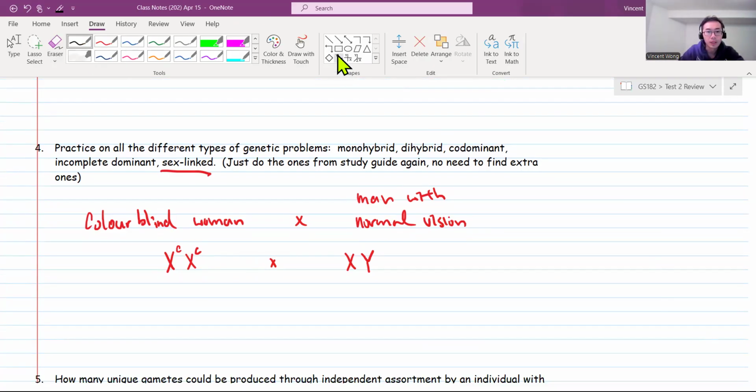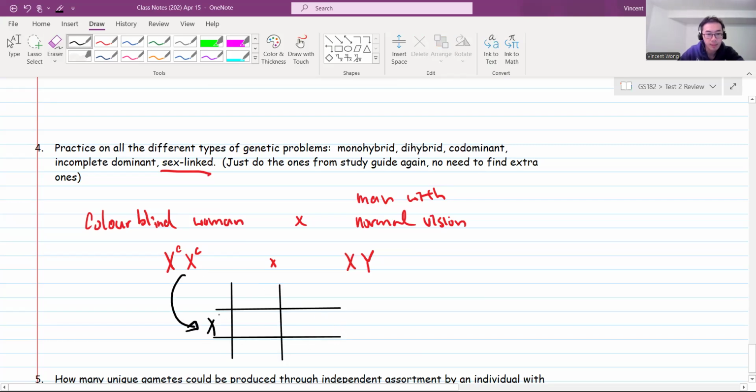So then we do the Punnett square. I'm going to put these gametes here, XC, XC, and the man up here, XY. Then we have XXC and XXC again, XCY, XCY.